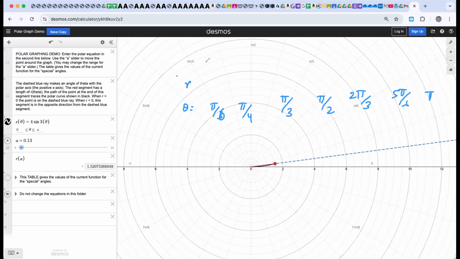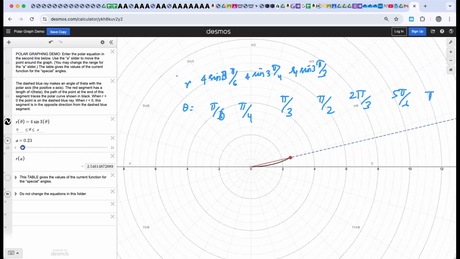Let's just do that first. And then R will be equal to 4 cos pi by 2, 4 cos 3 pi by 6, 4 cos 3 pi by 4. If you're going to do this, it's going to take a lot of time. But based on that, I'm not going to find out the values in here. So let's move the slider and see how it works.